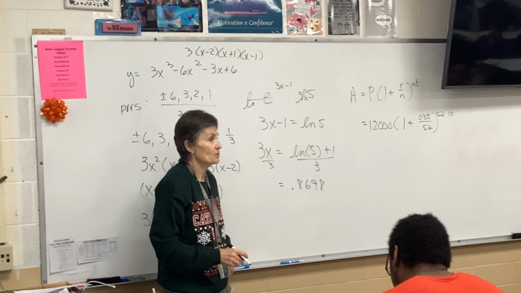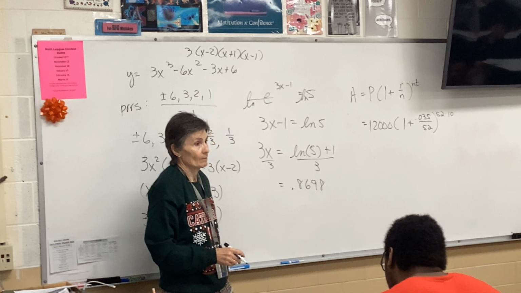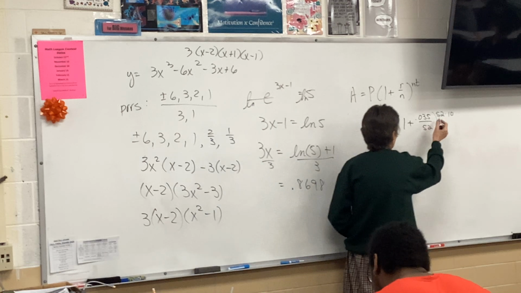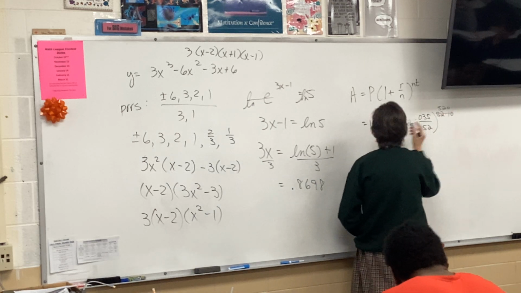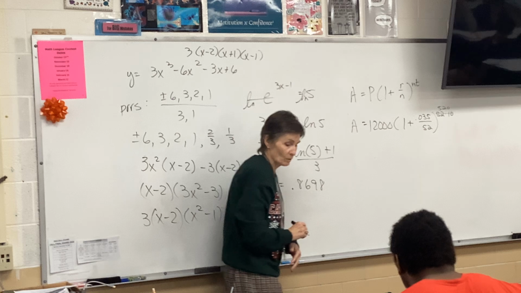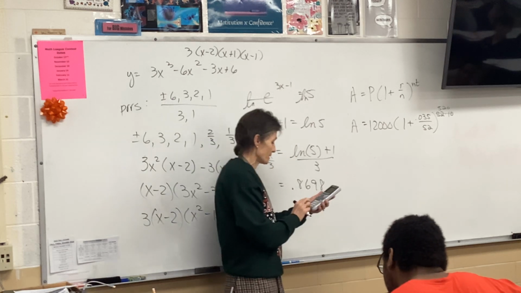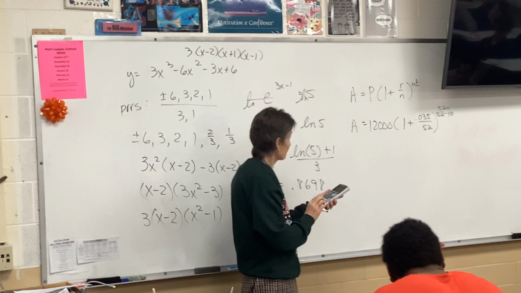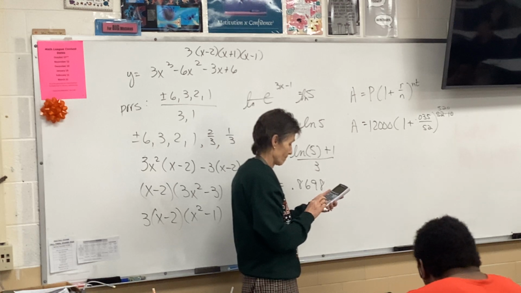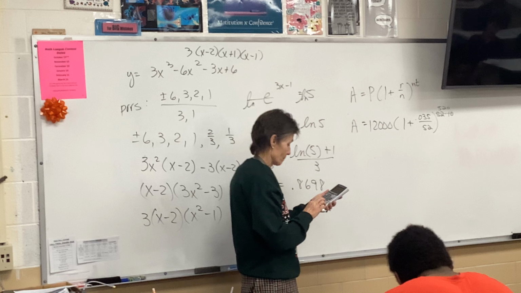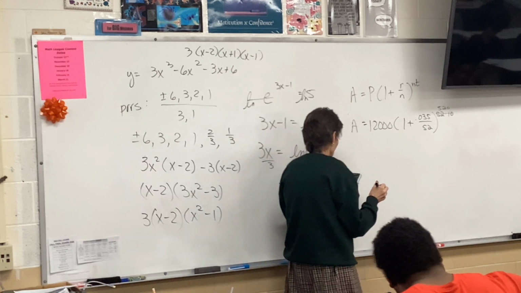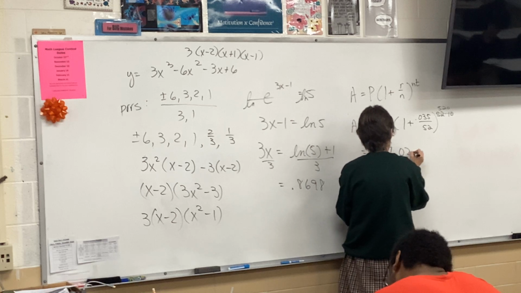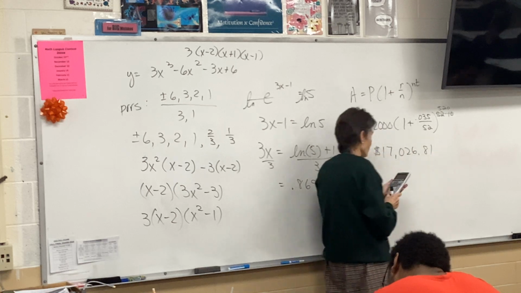Because there are 52 weeks in a year. So I'm going to go ahead and make that a 520. And this is one of our favorite kinds of problems because we just type it in. And it looks like $17,026.81.